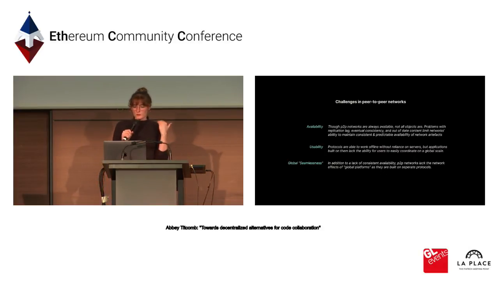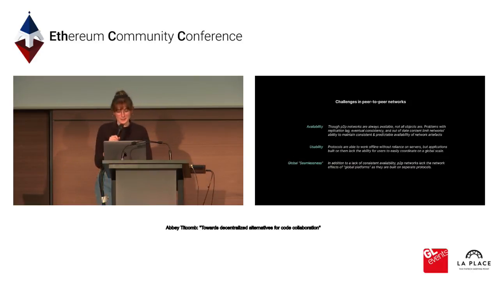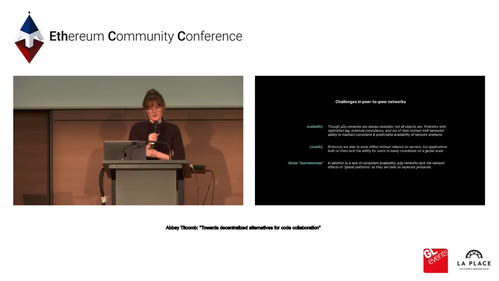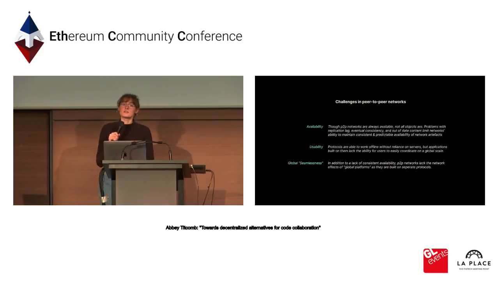So there's problems with replication lag. I don't know if you've tried to open Patchwork after not opening it for a long time, but it takes a little bit. Eventual consistency and out-of-date content limit peer-to-peer networks' ability to maintain consistent and predictable availability of network artifacts, which is a really important thing. On a peer-to-peer network, you need to have your data available.